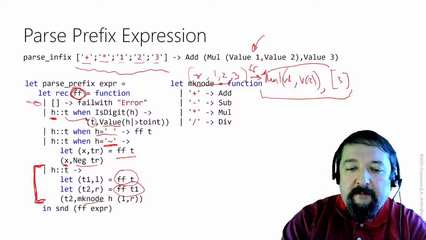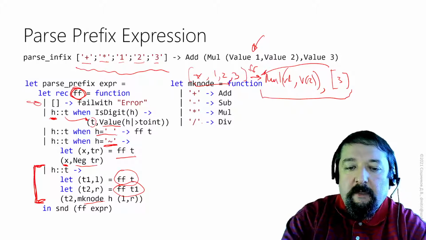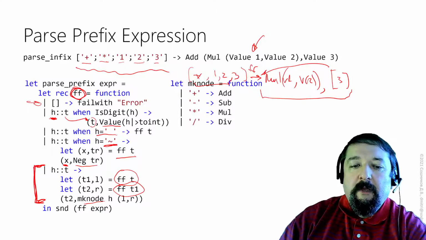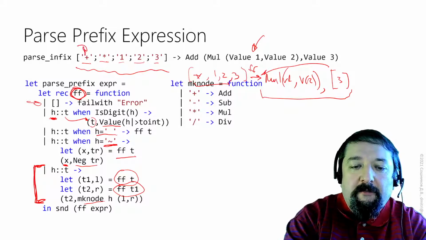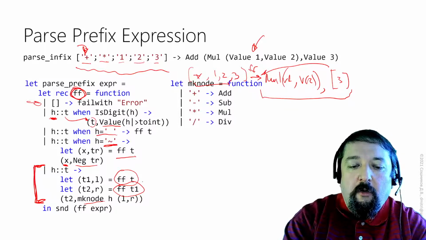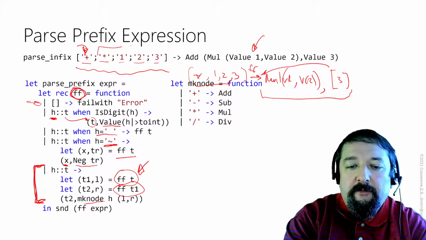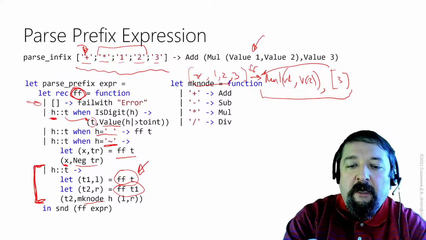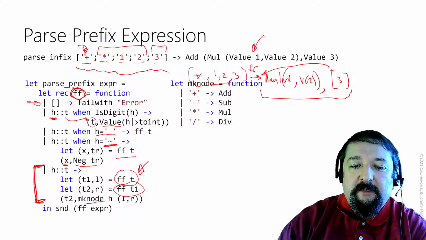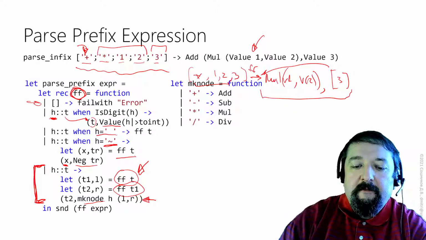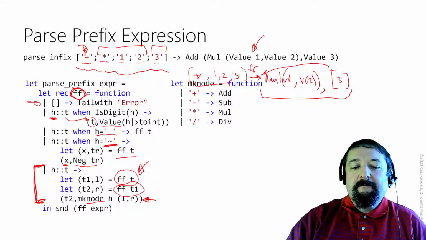So if we have something like the original expression plus multiply 1, 2, 3, we will first call the function ff. It will call this parsing, the first parsing. The first parsing will return this sub-expression, and the second parsing will return this sub-expression, and it will unify it into the add element of a tree.